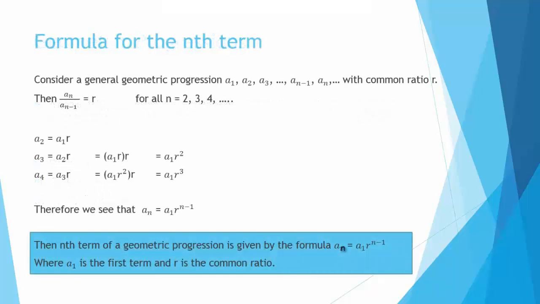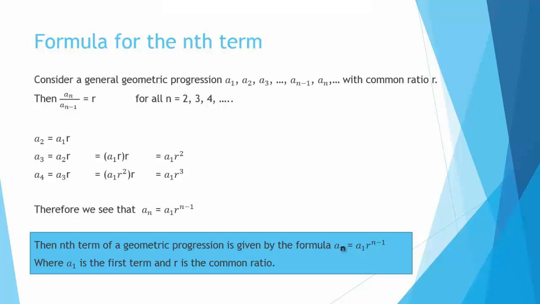Formula for the nth term. Consider a general geometric progression a1, a2, a3, where the (n minus 1)th term is a(n-1) and the nth term is an, and so on, with common ratio r. Then an over a(n-1) equals the common ratio r for all n equals 2, 3, 4 up to infinity.